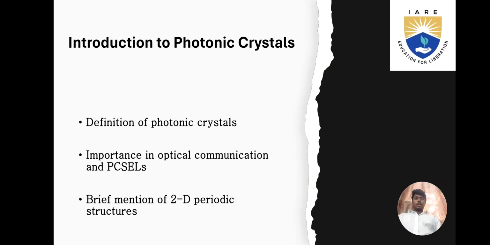This periodicity can exist in one, two, or three dimensions, allowing versatile application in controlling light emission, guiding, confinement, and filtering. Photonic crystals are artificially, precisely structured materials designed to manipulate electromagnetic waves, creating regions where certain wavelengths are forbidden due to destructive interference caused by their periodic dielectric structure.